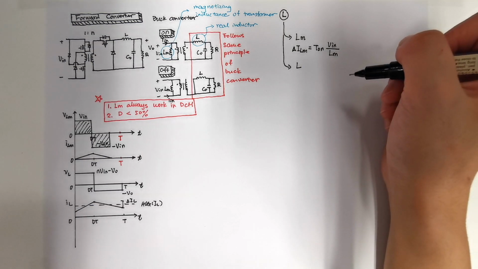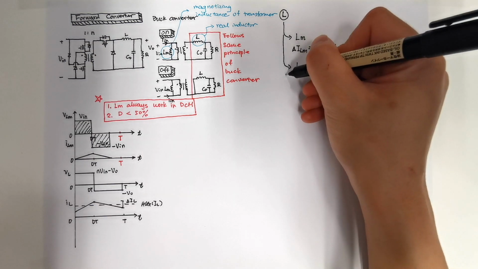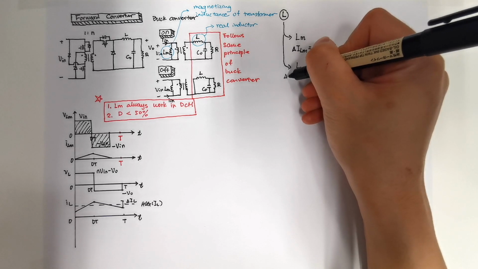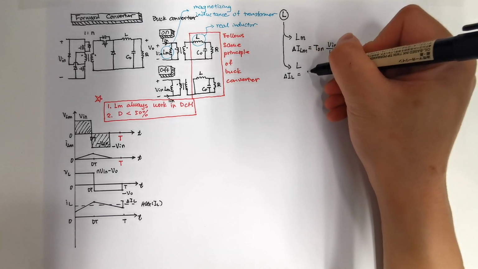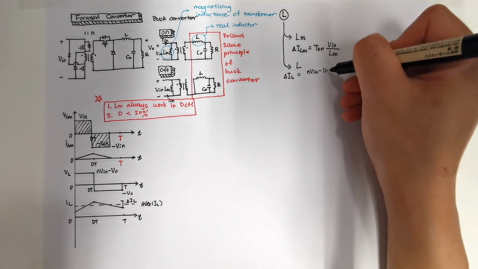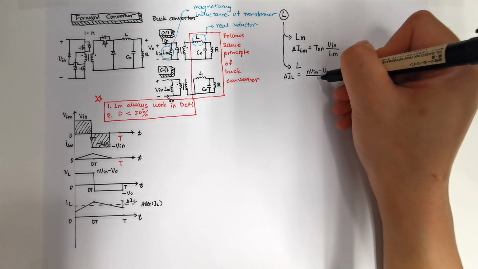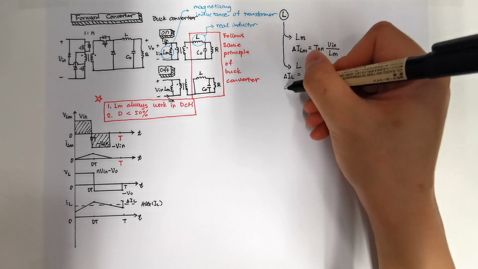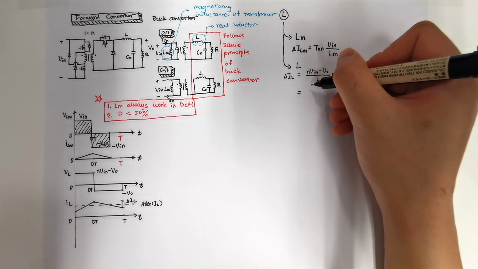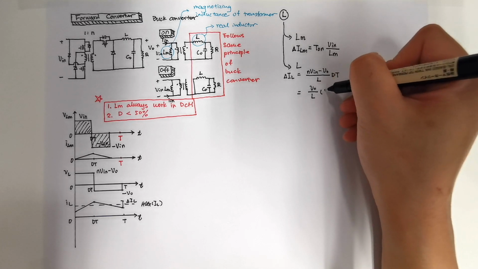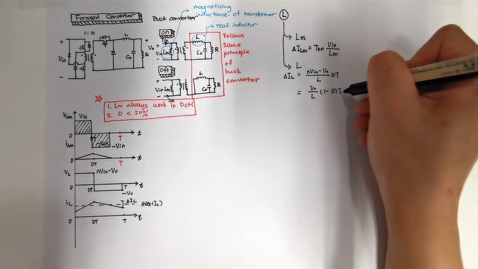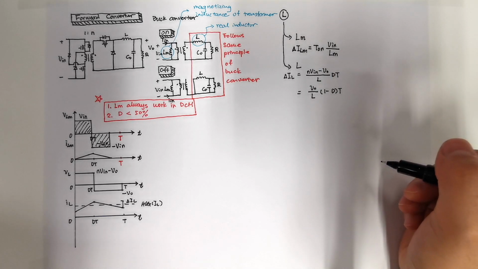And we do the same thing as in our buck converter, so that we can have our delta IL, which in the on state is (N Vin minus Vout) divided by L times DT, and in the off state is Vout divided by L times (1 minus D)T.